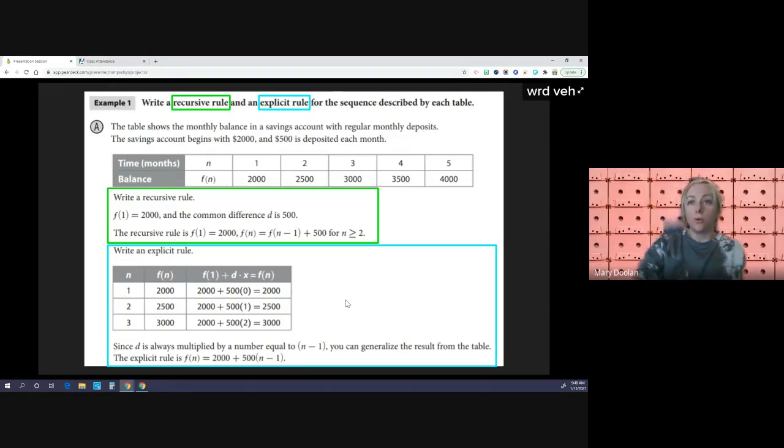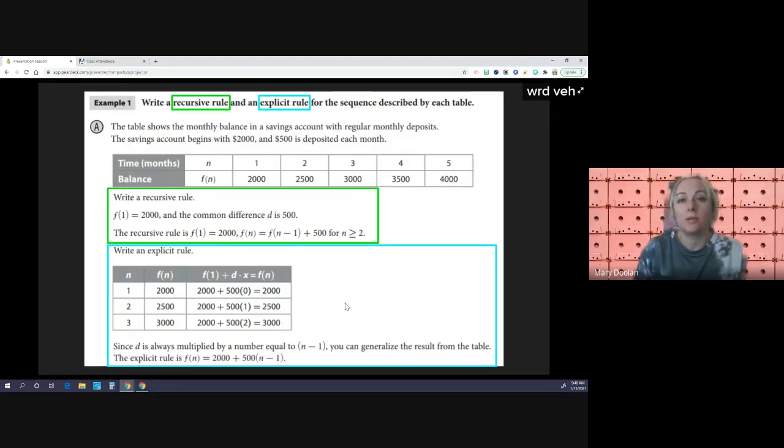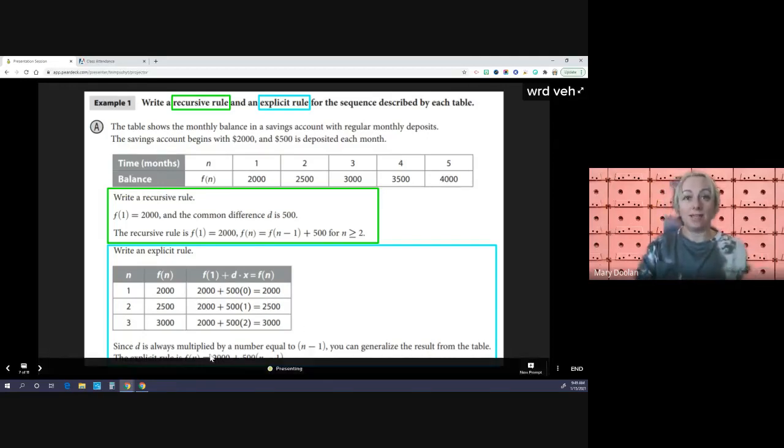If I wanted to know 10 years from now, when n is 120, how much money is in this account, I would just plug 120 into the function: 2,000 plus 500 times 120 minus 1, so times 119. 500 times 119, big number, add 2,000 to that. That is the amount in the account. So these rules help us figure out values way down the line.